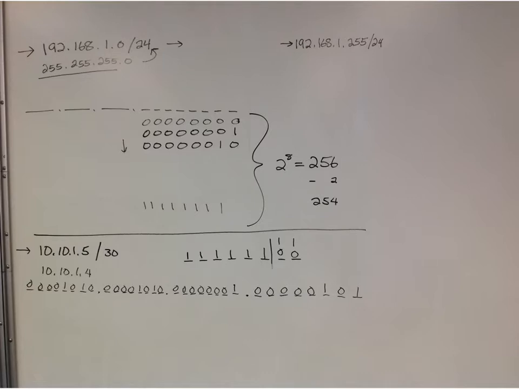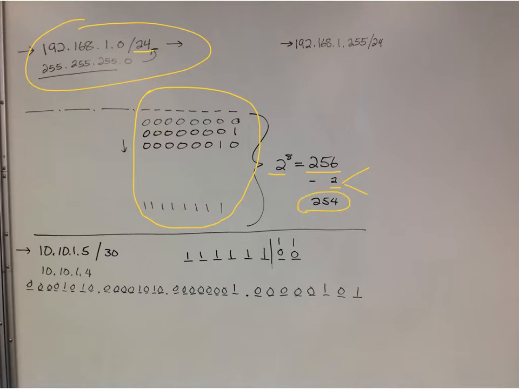Two other examples. We looked at this example, /24, and my first question was, how many hosts can you make out of 8 bits? 2 to the 8 is 256. You have to take off the network and the broadcast so you get 254 addresses. There'd be 254 combinations there.